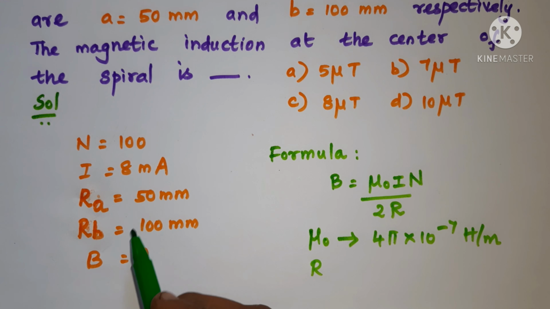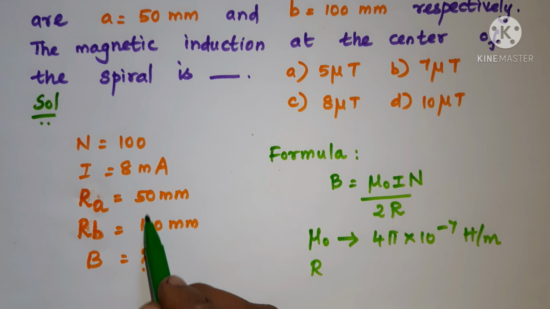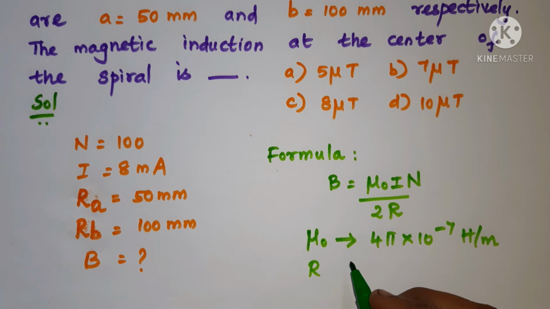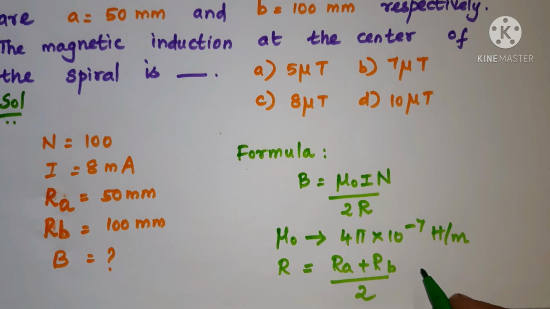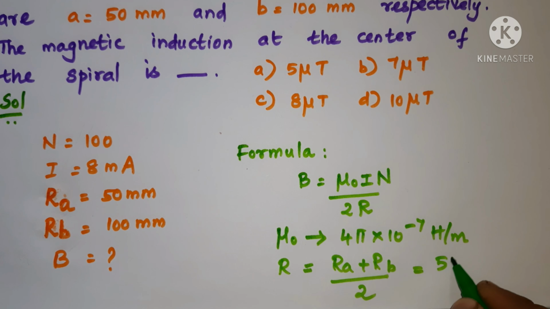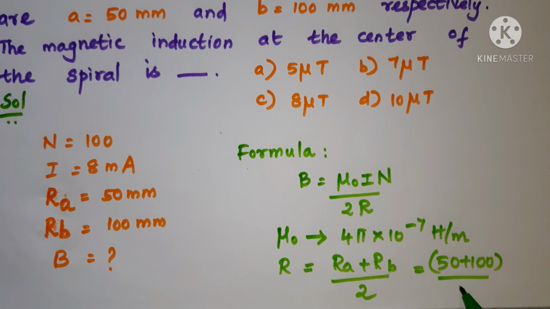And here the radius needs to be found. Inner radius and outer radius are given, so we have to take the average of these two radii. So we can write R equals radius of inside turn plus radius of outside turn divided by 2, which is 50 plus 100 divided by 2.